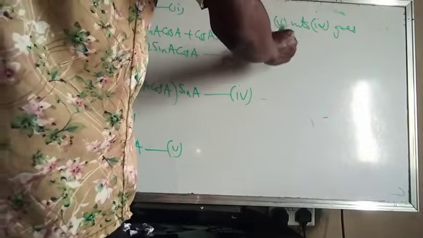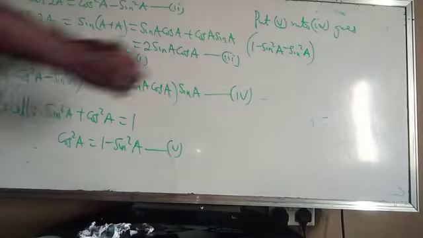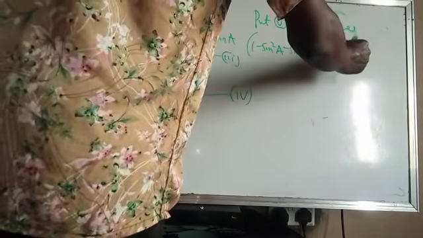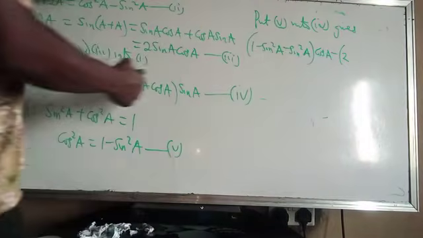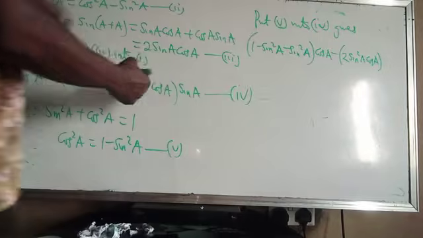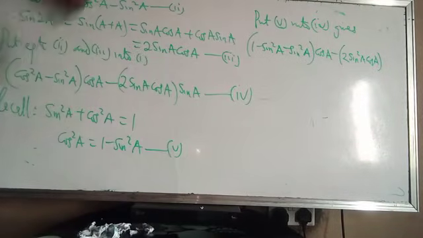we have 1 minus sine square a, minus sine square a, into cos a. Then minus, when you expand 2 sine a cos a by sine a, you have 2 sine square a cos a.